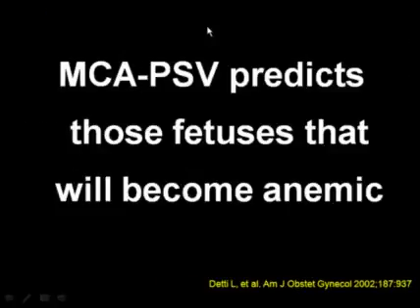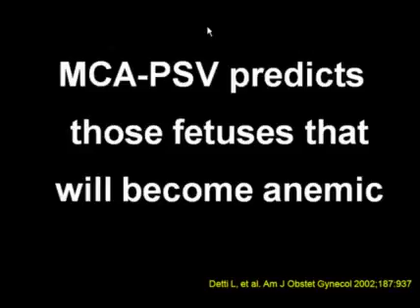Up to now, we have talked about the middle cerebral artery peak systolic velocity that can tell us if the fetus has or not significant anemia. However, if we look at one value, when do we need to repeat another value? If, for example, a fetus is not anemic, do we need to repeat the study in 1 week or maybe 3 weeks? And this is the reason why we did another study.